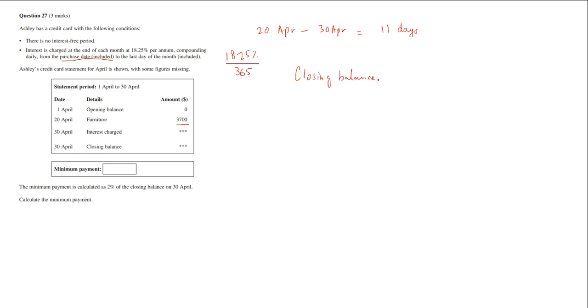So your closing balance will be 3,700 multiplied by 1 plus the interest rate 18.25% divided by 365, and all of that to the power of 11. And when you do that, you get the answer 3720.40. So that's your closing balance.